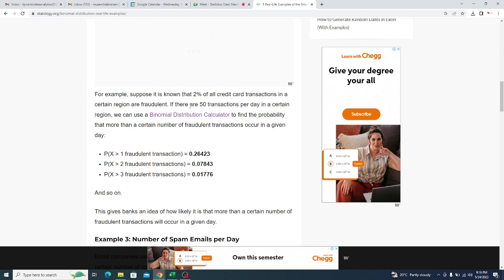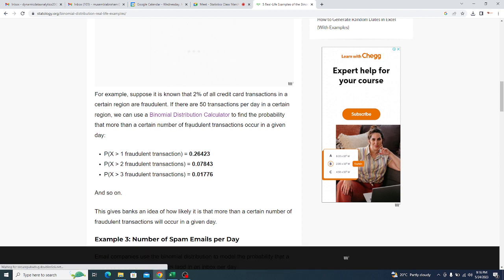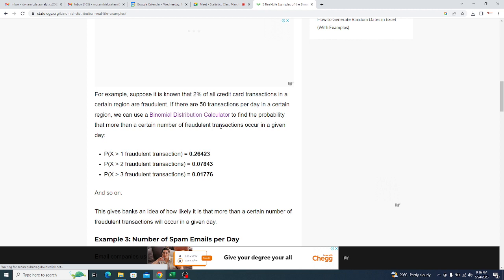So if there are 50 transactions per day in a certain region, we can use the binomial distribution to find the probability that more than a certain number of fraudulent transactions occur in a given day.